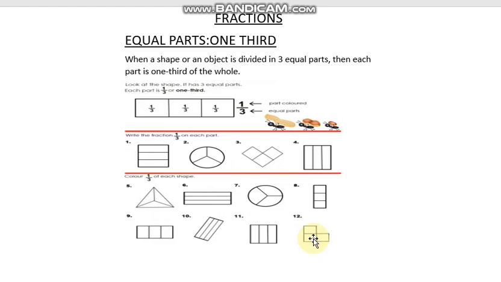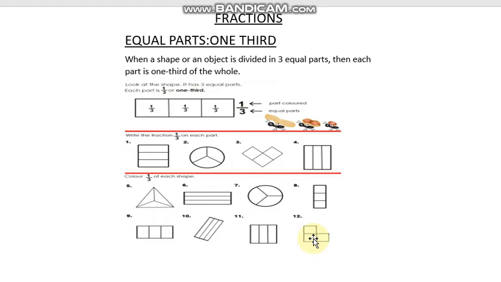On page number 96, there are question numbers 1 and 2. Then on page number 97, again there are equal parts, quarters and halves. It is a mixture of quarters and halves sums. So you have to solve these sums in your book. You have to do page numbers 96 and 97 in book 2.